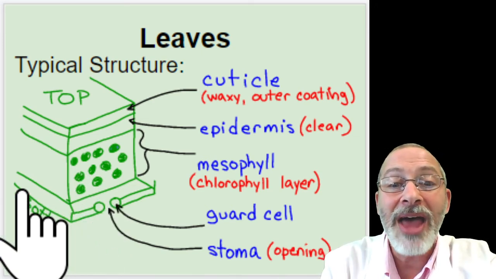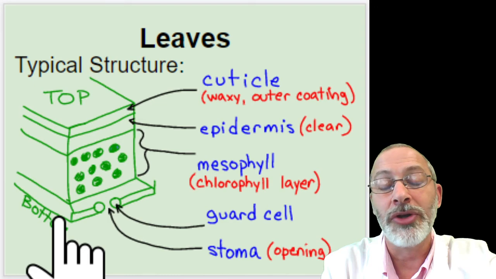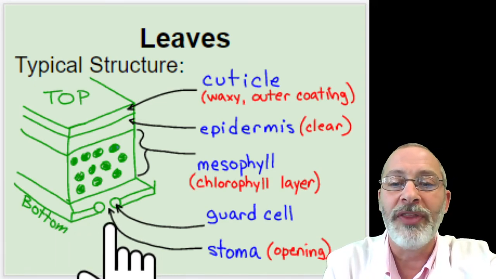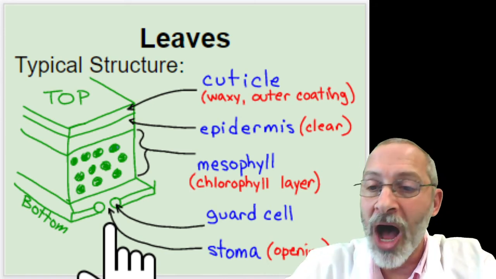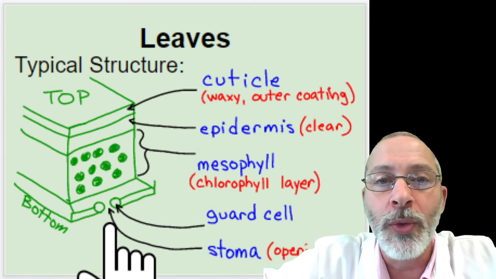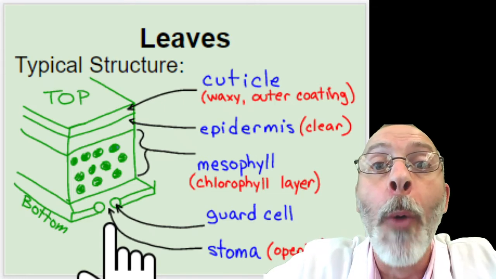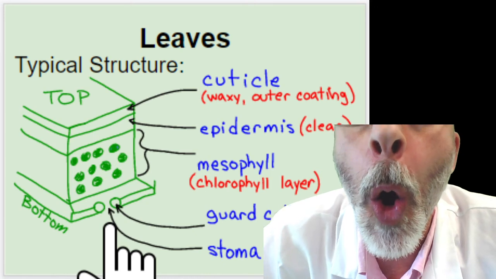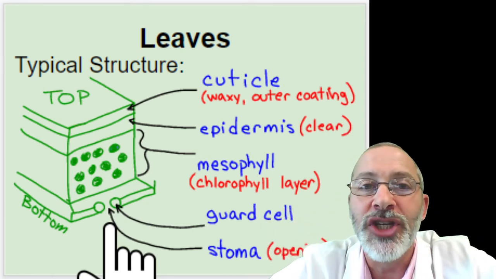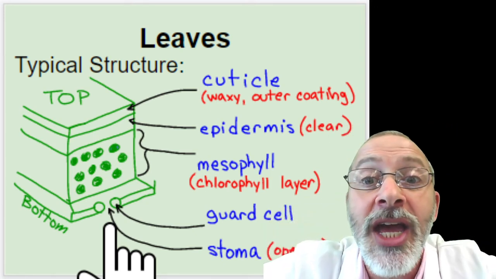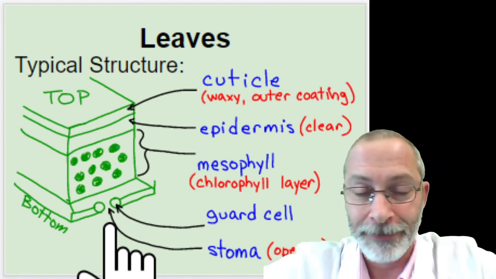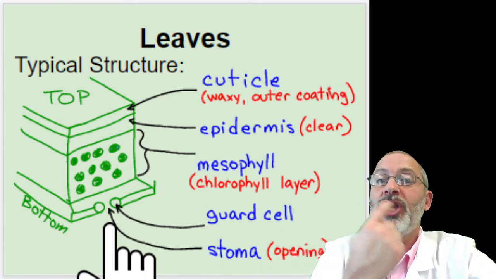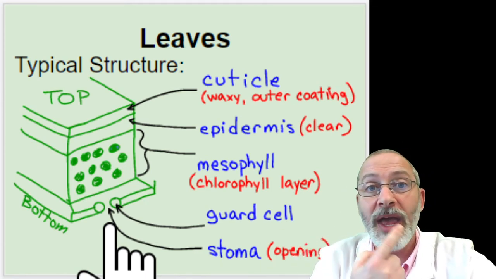All right, on the bottom layer of the leaf, there are a couple of things here. First, we have what are called the stoma. Everybody look at me when I say the word stoma. Now, I'd like you to say the word stoma and think about the shape of your mouth when you say stoma. When you say stoma, the shape of your mouth is an O and it's open.